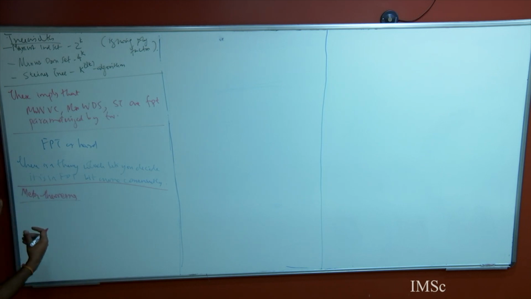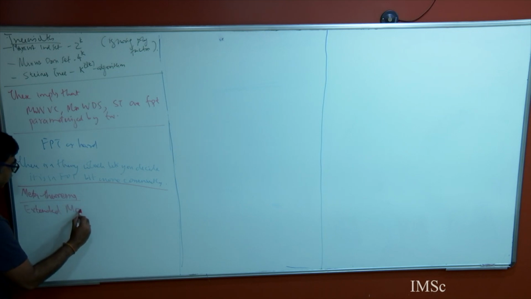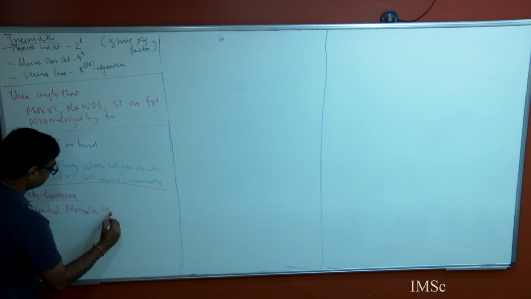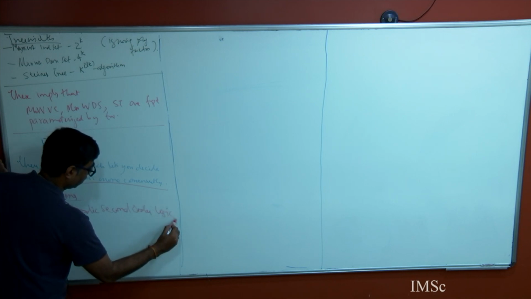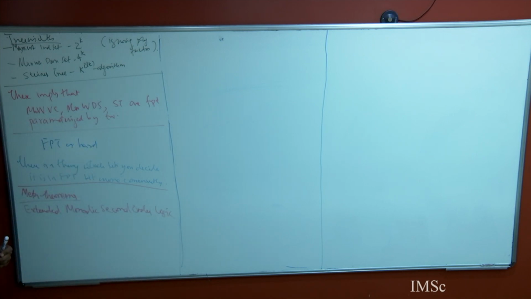To express meta theorems, we need some language with certain expressibility, and such languages generally come from logic. One logic I will talk about today is called extended monadic second order logic.